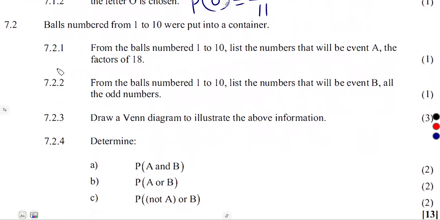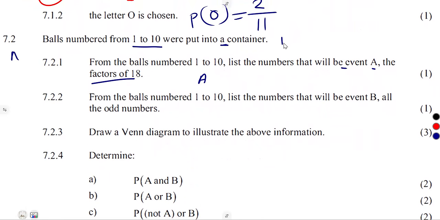Then 7.2. Balls numbered from 1 to 10 were put into a container. From the balls numbered 1 to 10, list the numbers that will be event A, the factors of 18. All right? 1, 2, 3, 4, 5, 6, 7, 8, 9, 10.